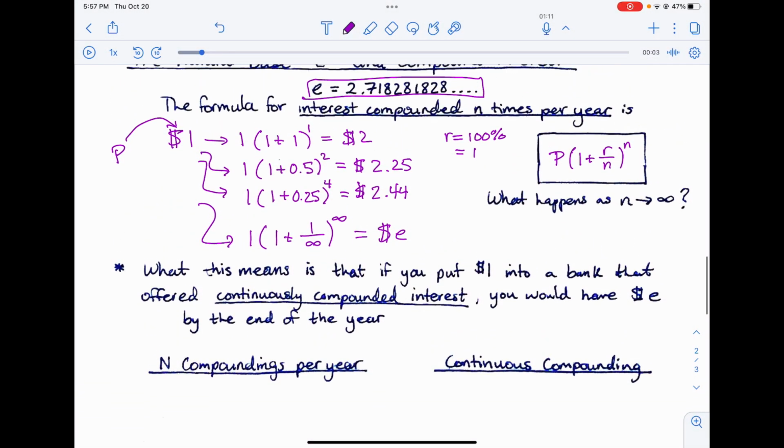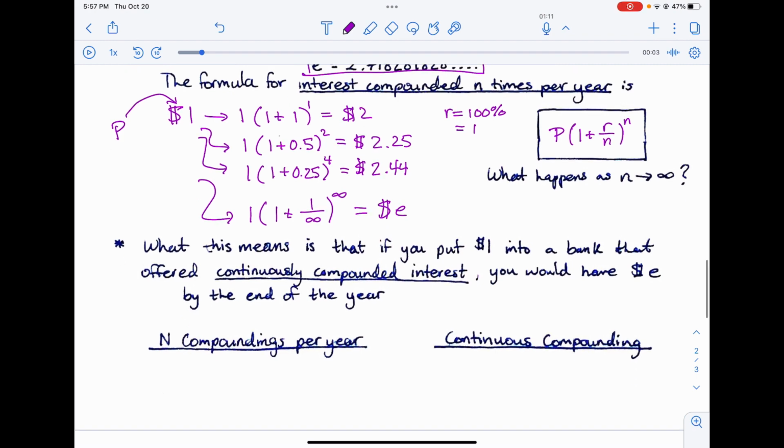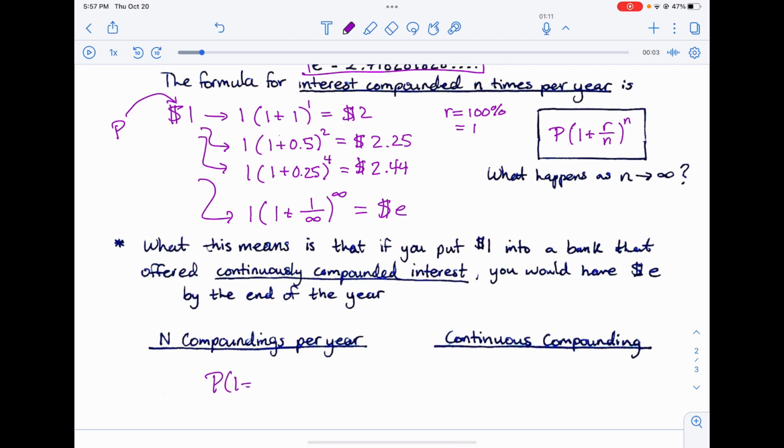Okay, so that is the interest compounded n times per year. That's the basic formula for it. So that's also going to go over here. But also, think about what happens if I replace this 100% with just the r, and we take this as n approaches infinity.